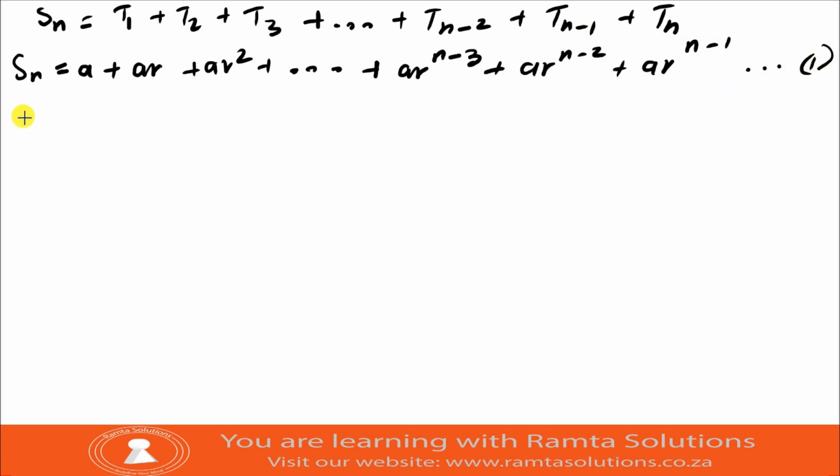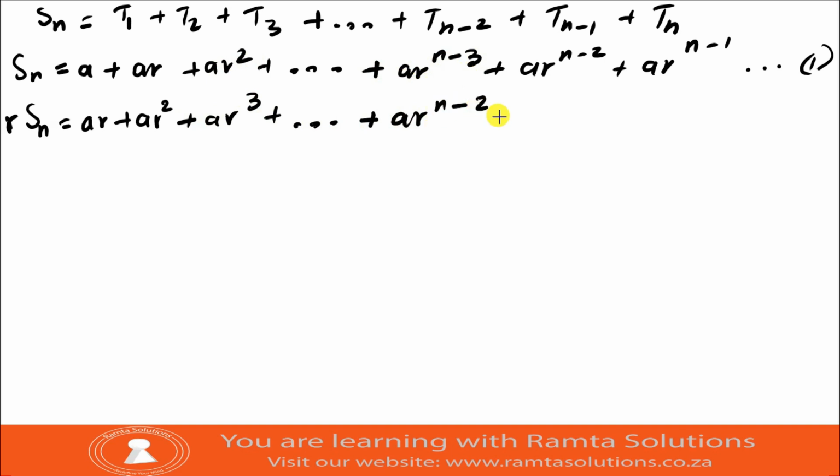So now let's multiply equation 1 with R. So meaning we have R Sn equals, if I multiply everything by R, it'll be AR plus AR squared, then AR cubed, plus AR to the n minus 3 times R will be AR to the n minus 2.